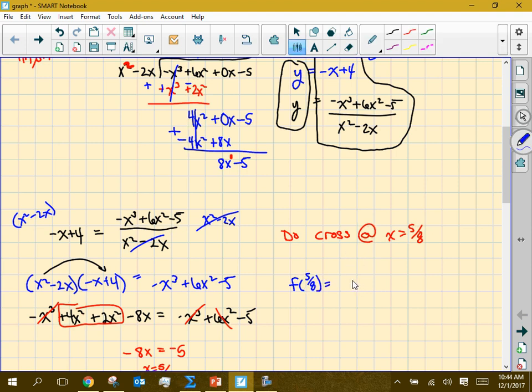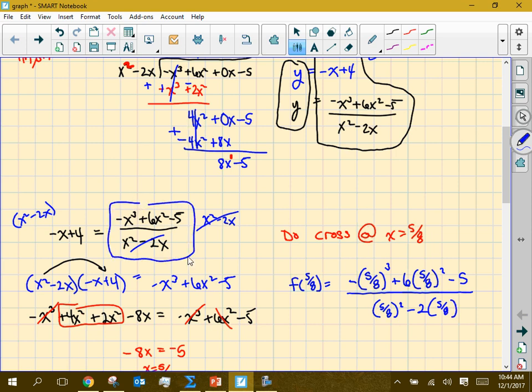I want to have up top negative 5/8 cubed plus 6 times 5/8 squared minus 5 all over then 5/8 squared minus 2 times 5/8. That's exactly what this original rational function looked like, but now I just take an x and replace it with 5/8.